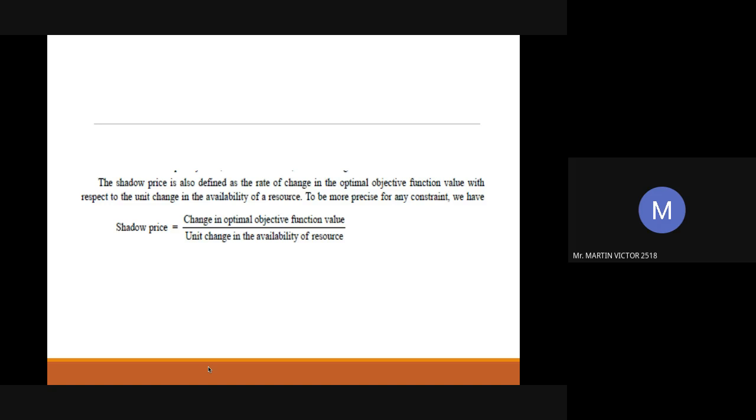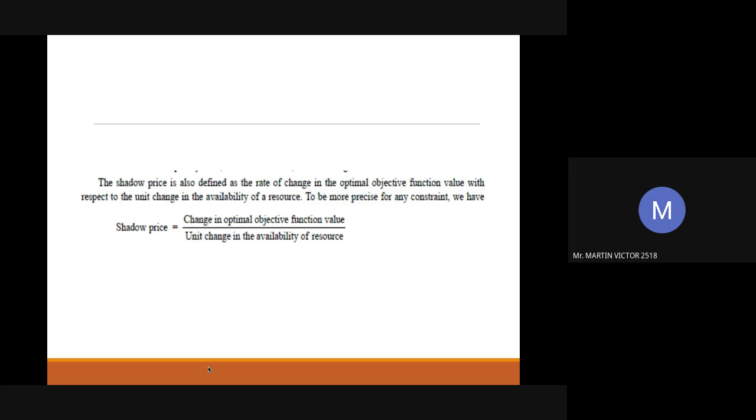So we are talking about the objective function and the availability of a resource. On the whole, shadow price equals the change in optimal objective function value divided by the unit change in the availability of the resource. This is the basic formula that we can understand for any constraint.